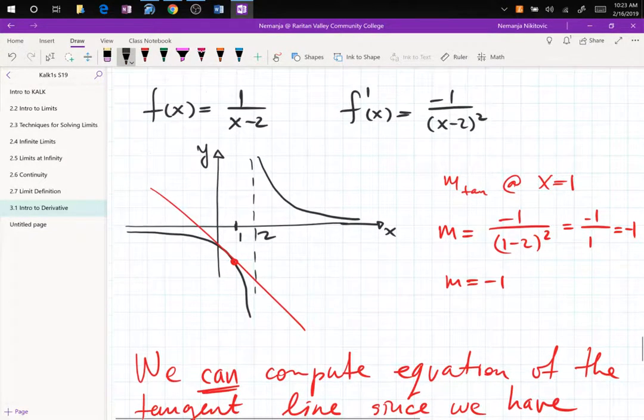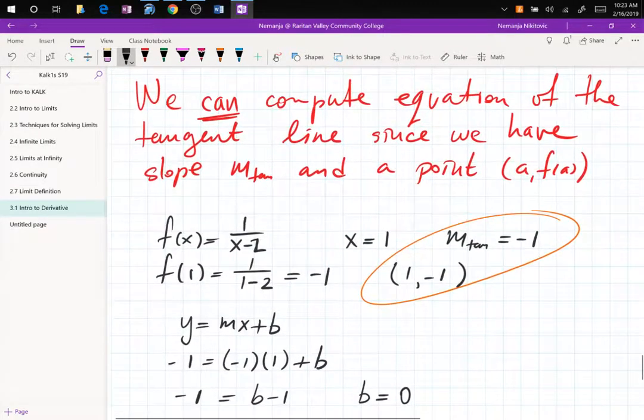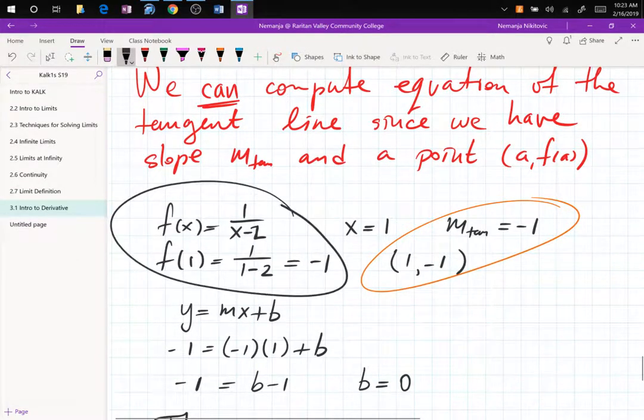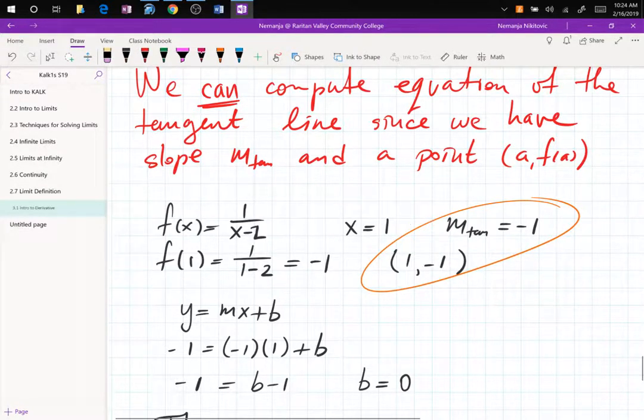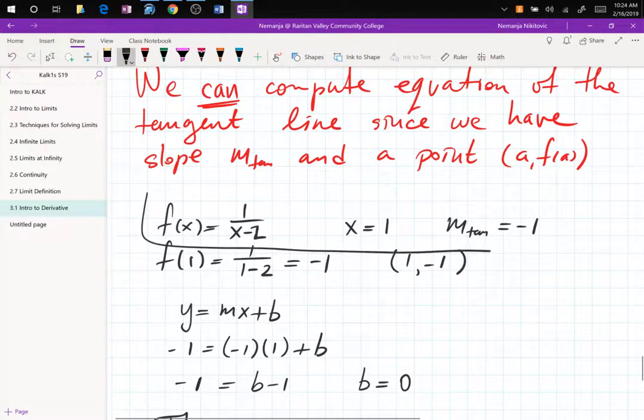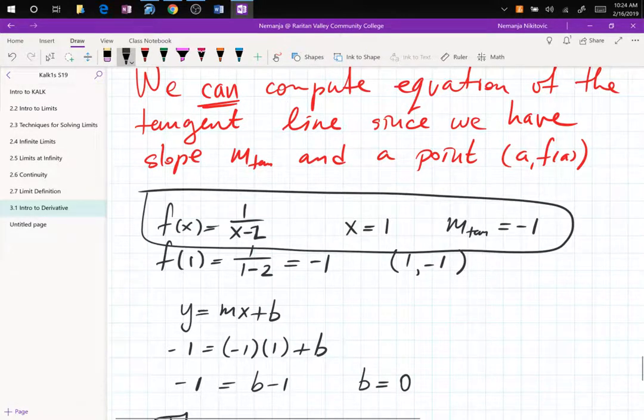We did square it for the denominator for the derivative. We have to calculate the y value. We have x. I just need to calculate the y value, and then I use all of those in a basic equation. So this is what's given to us. We have the function, we have the x value, and we have the slope. Slope was calculated through the derivative. So now I plug the x value into the original function to calculate the y value, because y is f of x, right? So we plug in 1, and we get 1 minus 2, that's a negative 1.